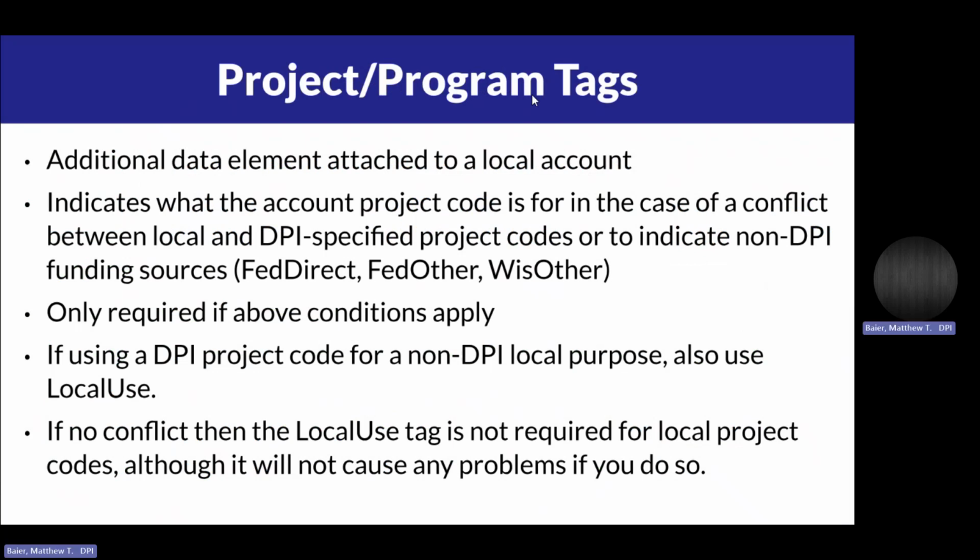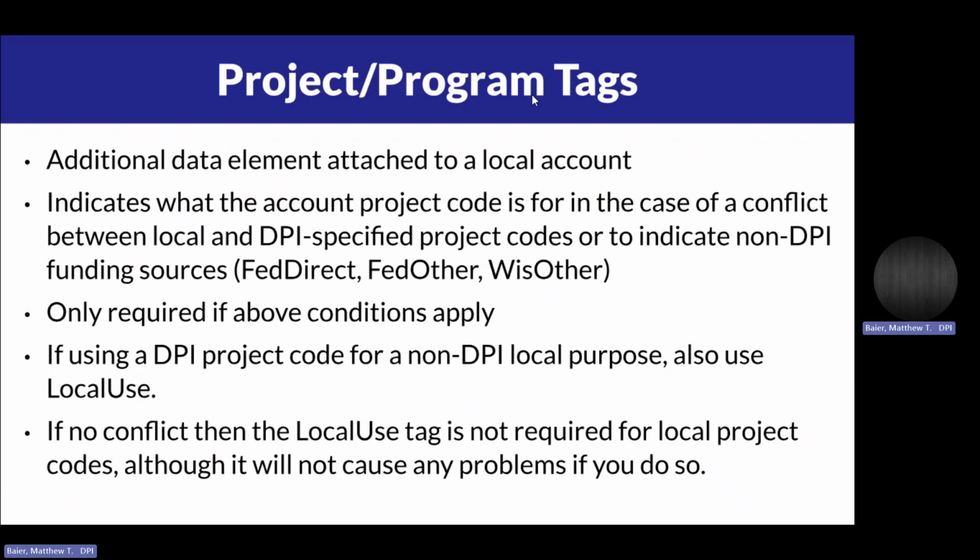I touched upon this briefly. When we first rolled out WISEdata Finance, we added an additional identifier element in the system. This was really to accommodate if an LEA was using a project code for a program that has a DPI assigned project code, but was using it for something different locally, the project program tag in WISEdata Finance.